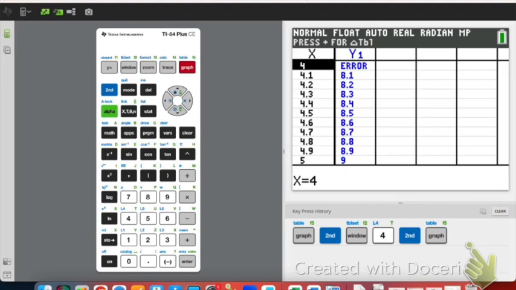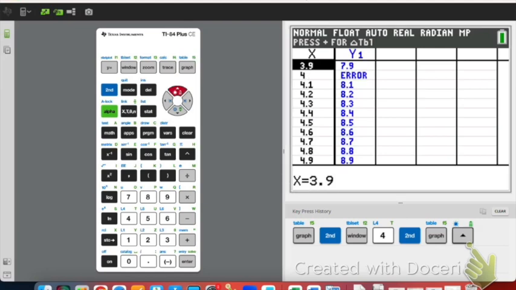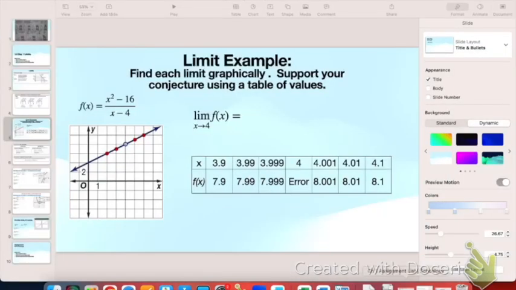Well, I want to see what the numbers are 1/10 away from 4 on both sides. So here we go. At 3.9, I go to 7.9. I'm going to put that on my table. At 4.1, I get 8.1. That was in my table. So here's my table. Here's that 3.9 goes to 7.9. Here's 4.1 going to 8.1.